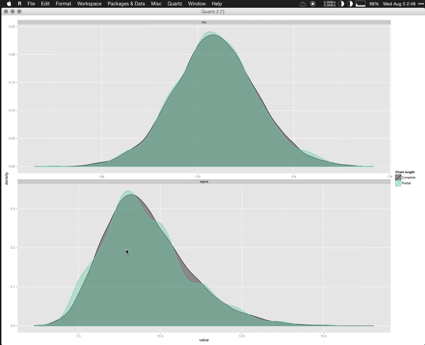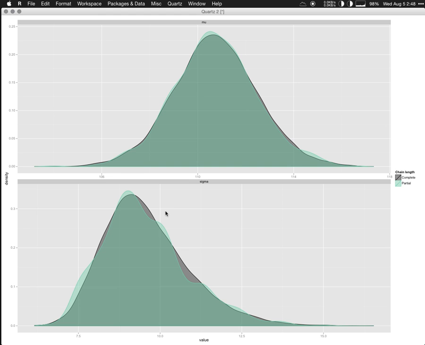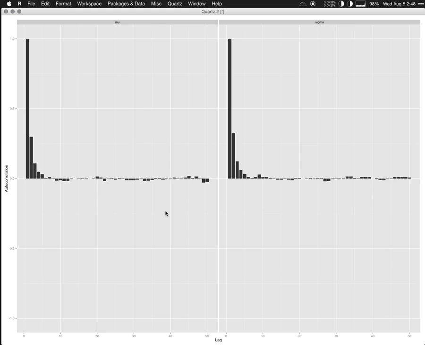But otherwise, the two belief distributions are generally very similar. And the autocorrelation, just double check that they're both pretty good. Yeah. And with such a simple model, even the bad plots that I showed you before weren't too bad. So these definitely aren't too bad either.